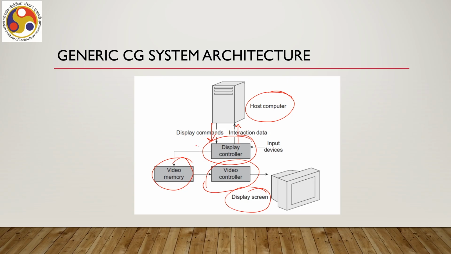Now, the display controller sends some data to video memory for storage, and this data is utilized by the video controller to render an image on screen. There can be input devices using which the user is interacting with the scene. That is part of interactive graphics. However, we will not pay much attention to the input part in this discussion to keep things simpler.